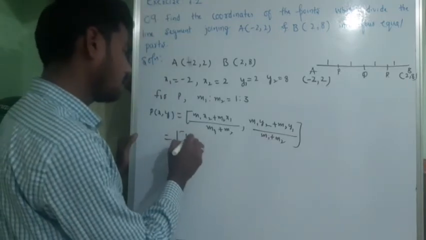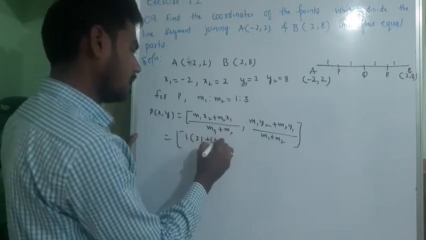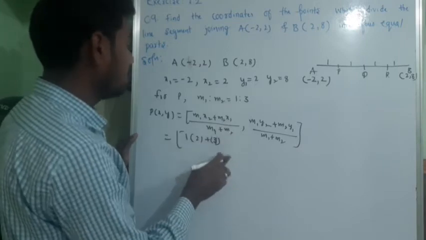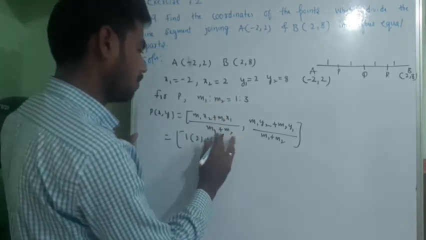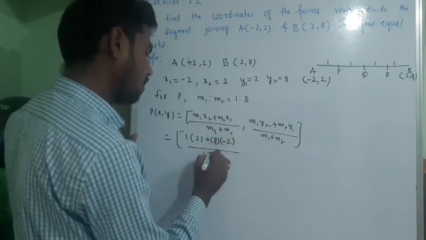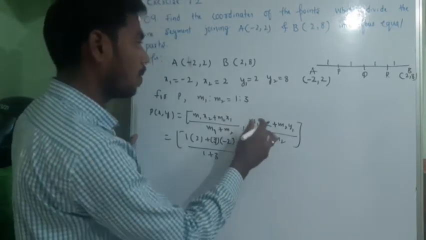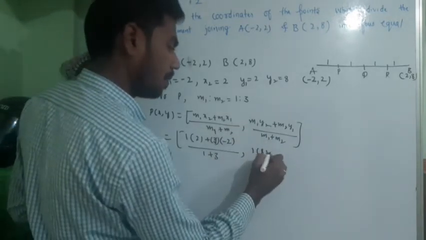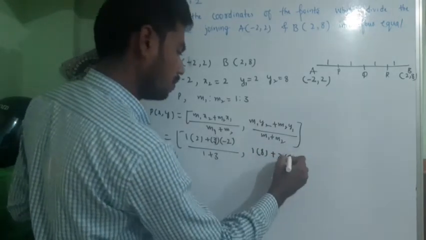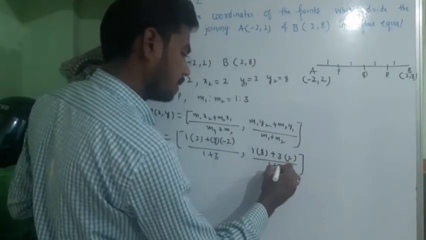What is M1? M1 is 1. What is x2? 2, plus M2 is 3. What is x1? x1 is minus 2, divided by 1 plus 3. Again, M1 is 1, into y2 which is 8, plus M2 is 3 into y1 which is 2, divided by 1 plus 3.